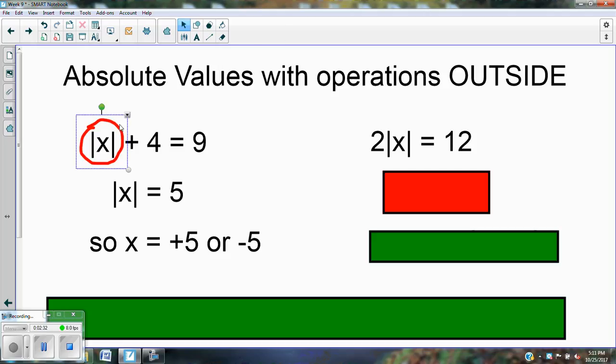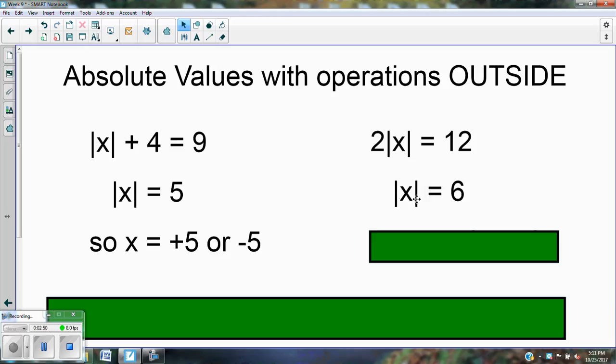Okay, similarly to how we treated this one like an equation, we're going to do the same thing here. Since this times 2 is outside of the absolute value bars, this is saying 2 times the absolute value of x equals 12. Well, we just divide both sides by 2 and get absolute value of x has to equal 6, right?